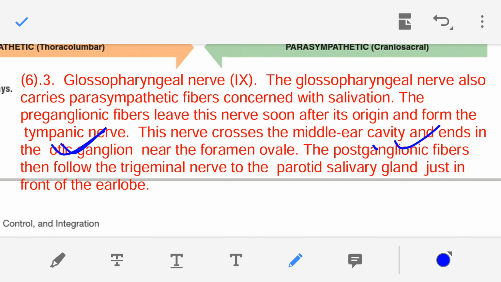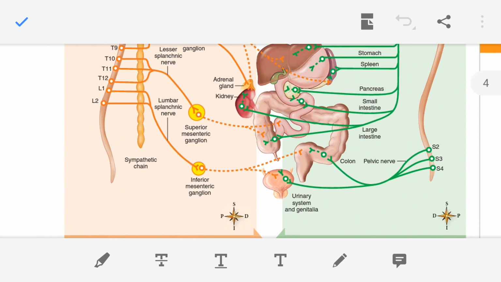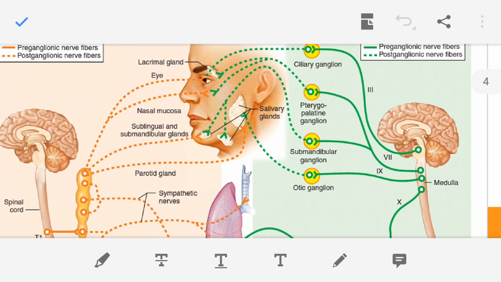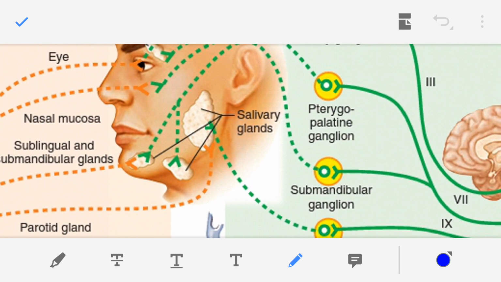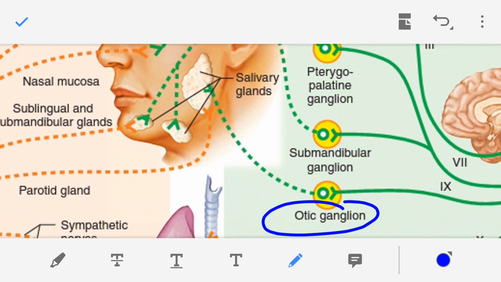Now this postganglionic fiber follows the trigeminal nerve to the parotid salivary gland. So the postganglionic fibers with the trigeminal nerve innervate this salivary gland. This one is the otic ganglion, and this is the nerve innervating this salivary gland.